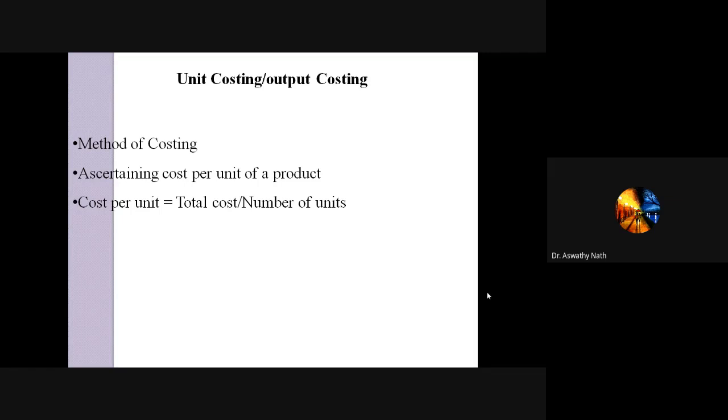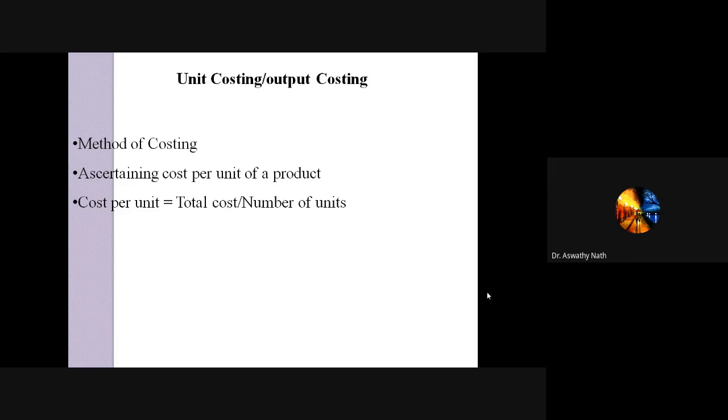In those cases, we are using unit costing, and this method is used to ascertain the cost per unit of a product. So the equation is total cost divided by number of units, and this unit cost is also called single or output cost. Normally the physical units which we use to measure in unit costing are like ton, kilogram, meter.